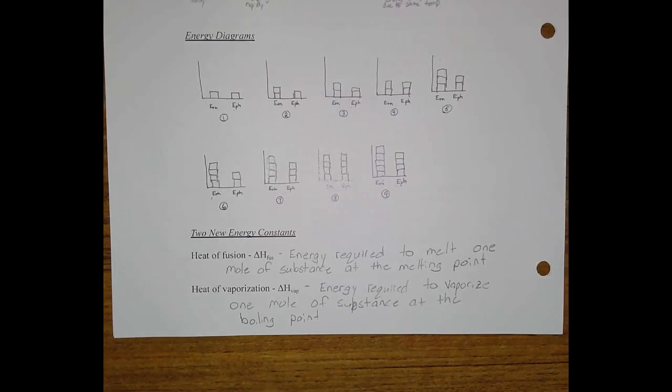If we need to come up this little slope, the energy to come up this little slope is going to be the specific heat for the liquid state times the mass times the change in temperature over the range that it's in its liquid state.